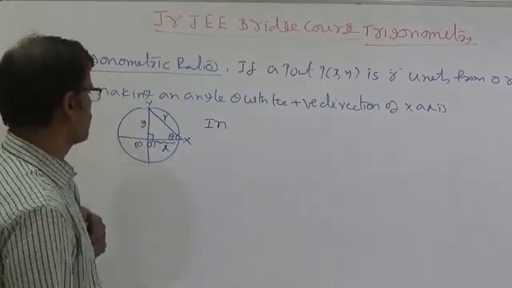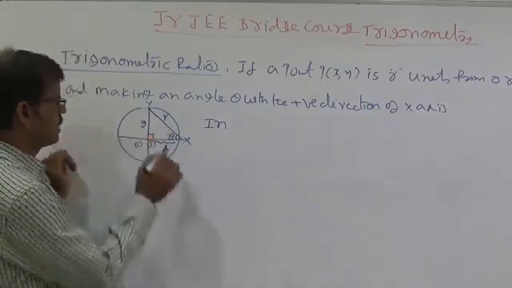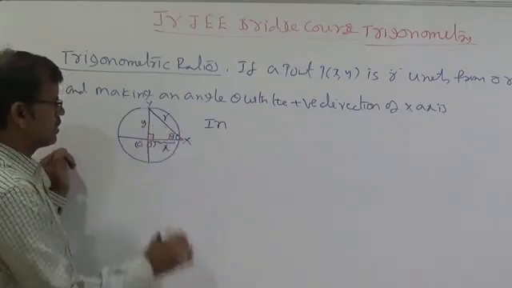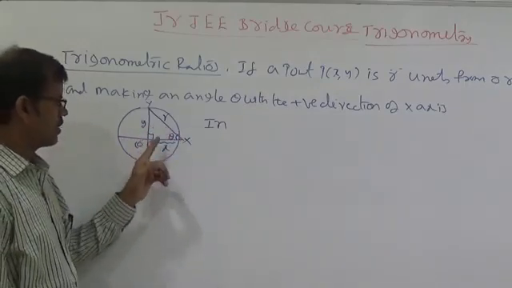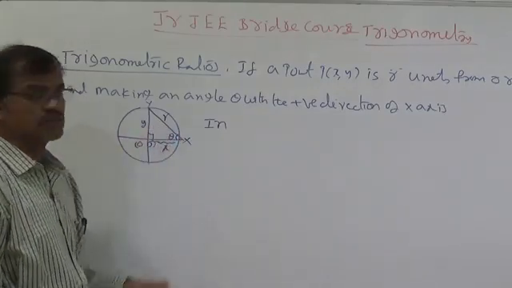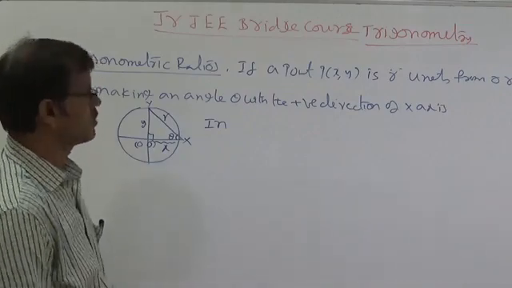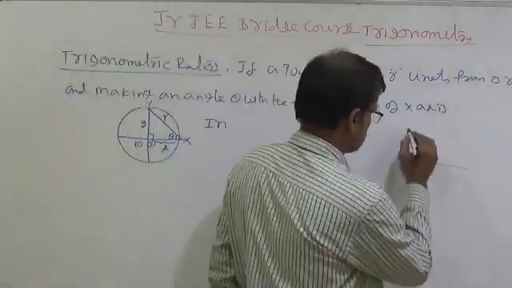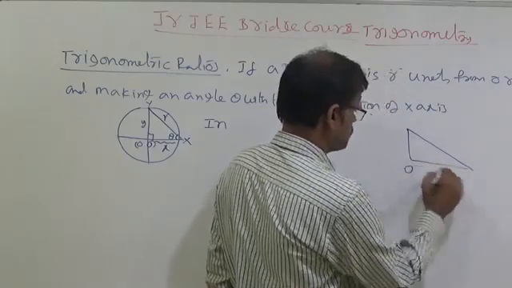Here P x comma y be any point like this, which is r in distance from 0 comma 0.